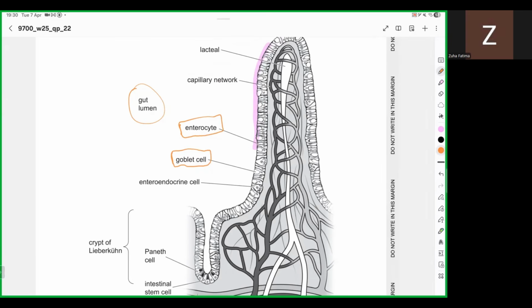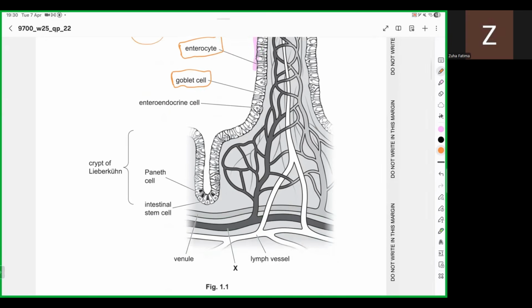If there were no mucus, there would be a lot of friction when the solid particles move through the gut. So the mucus has a role in reducing friction when digestive material is moving through the gut.